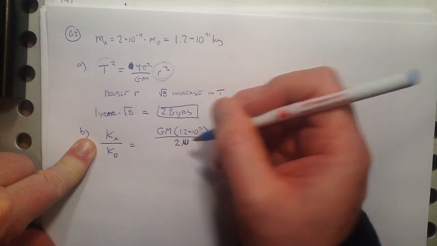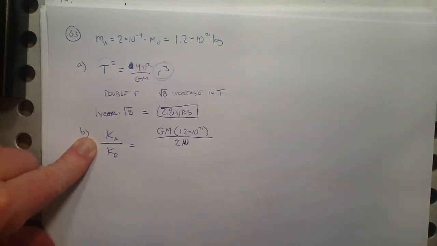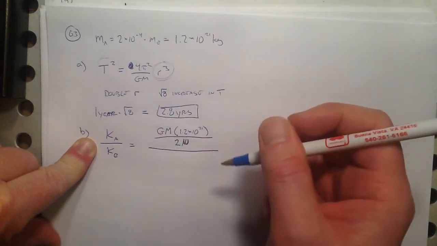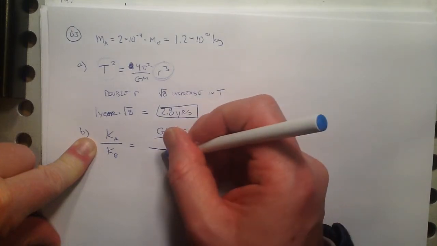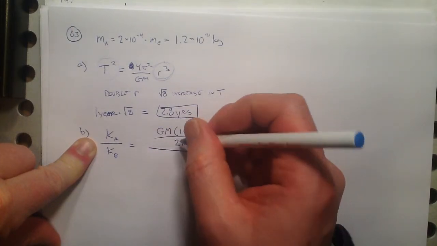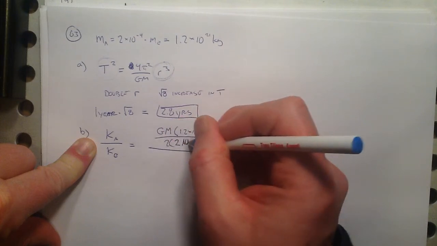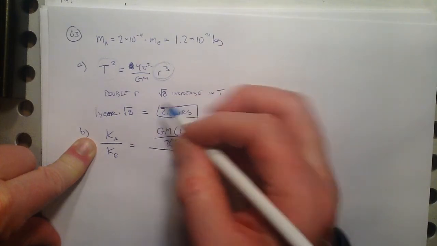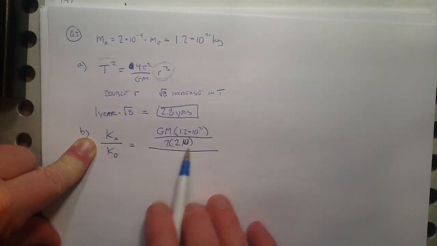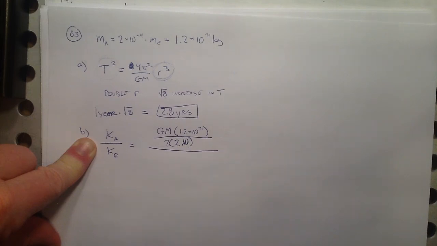You can look that up and put in a number there, but it's 2 times the distance from the Earth to the sun, over. Oh, and it's 2 times that, right? Because this is the kinetic energy formula, so it's 2 times the distance, and that distance is 2 astronomical units here.